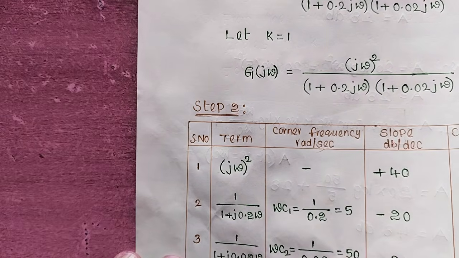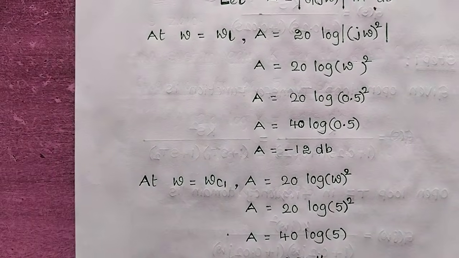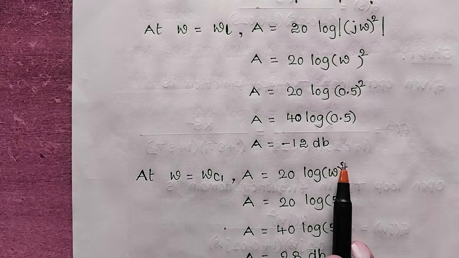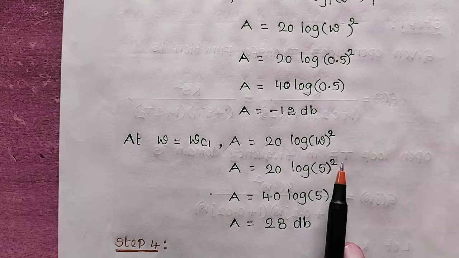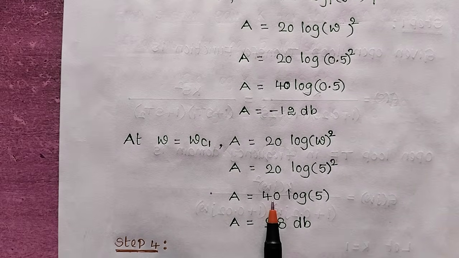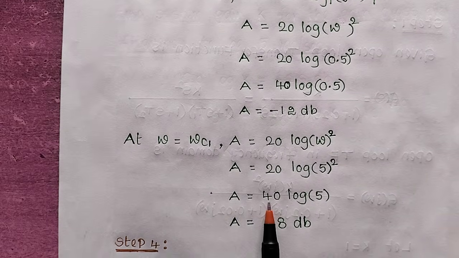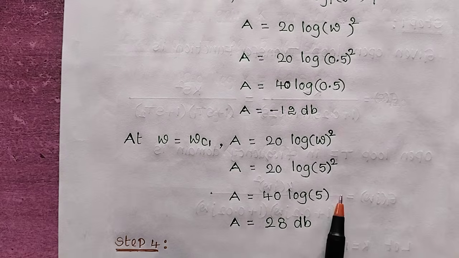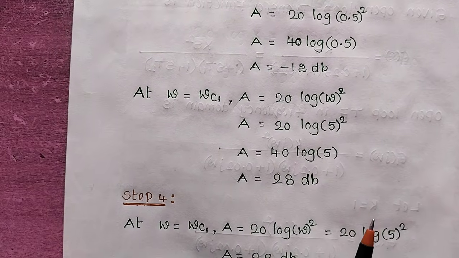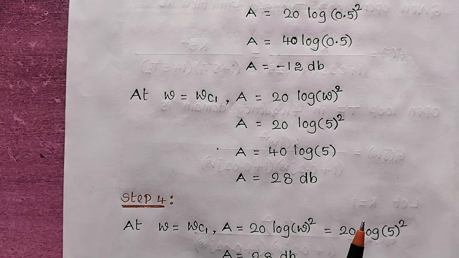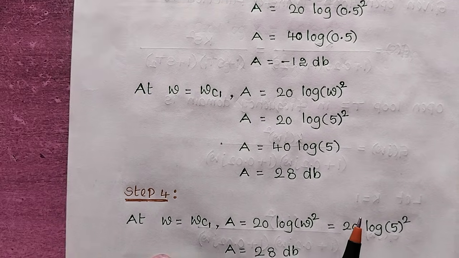Again A equal to 20 log omega square, so A equal to 20 log 5 square. If you take this power 2 before the log, it becomes A equal to 20 into 2 is 40 log 5, which is equal to 28 decibels. Up to omega C1, which is 5 radians per second, only the first term affects the magnitude.